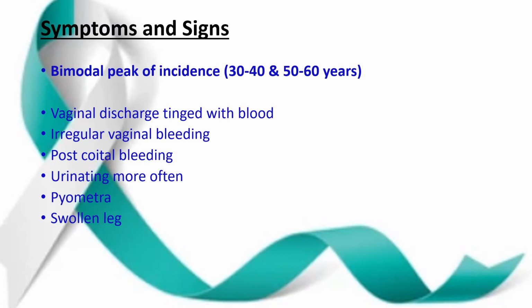Other symptoms are vaginal discharge tinged with blood, irregular vaginal bleeding, postcoital bleeding, urinating more often, pyometra, which means there is pus in the uterus, and swollen legs.